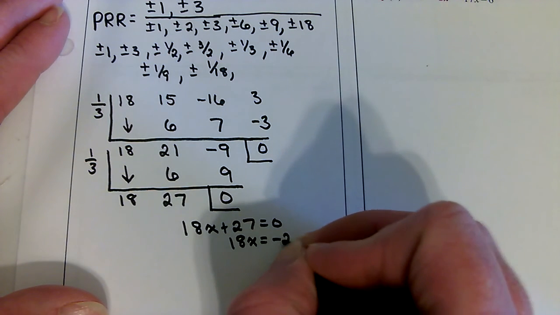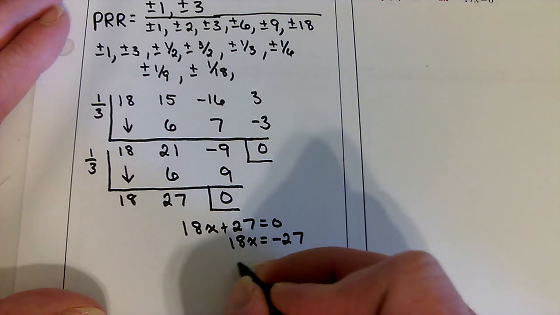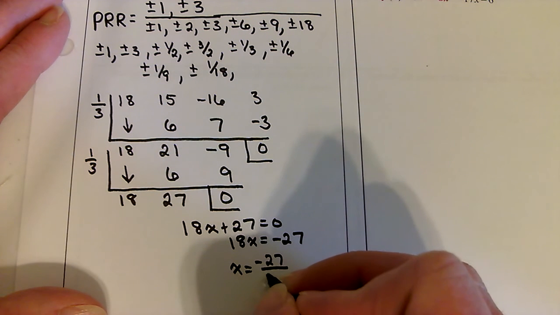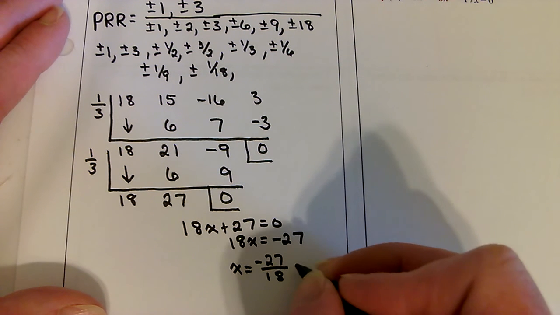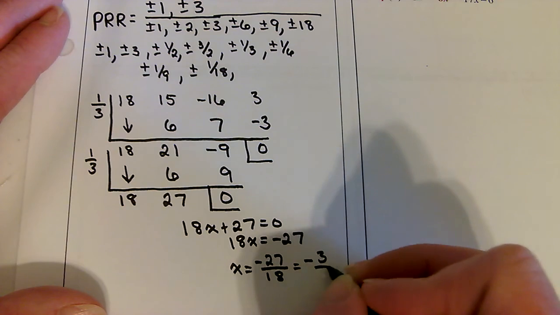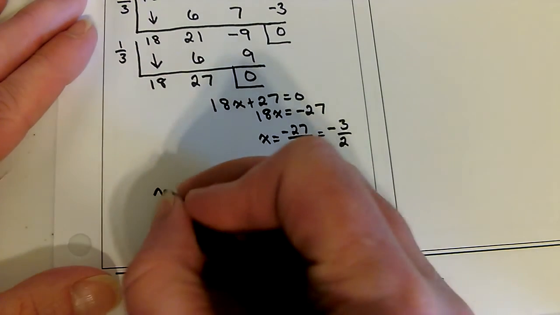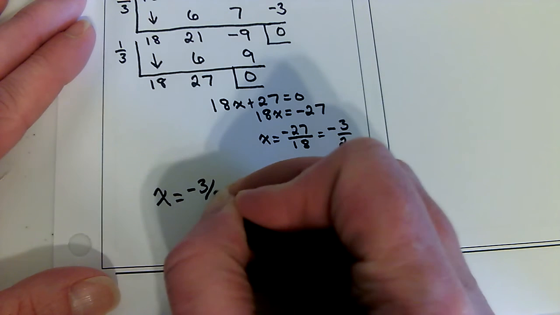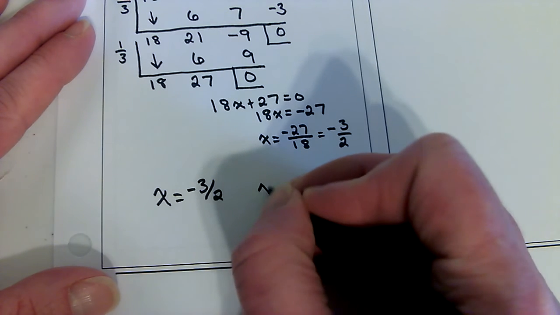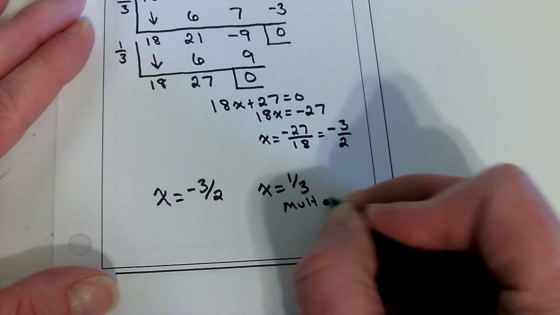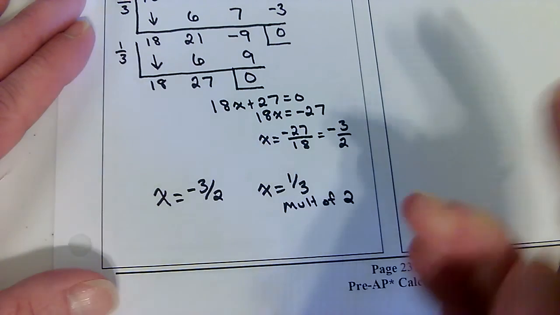So that's 18x equals negative 27. That would be x equals negative 27 divided by 18. That's going to be negative 3 halves. So my zeros are negative 3 halves and x equals 1/3 with a multiplicity of 2.